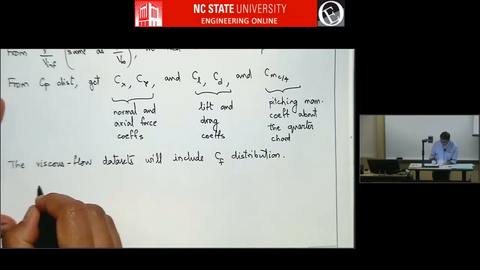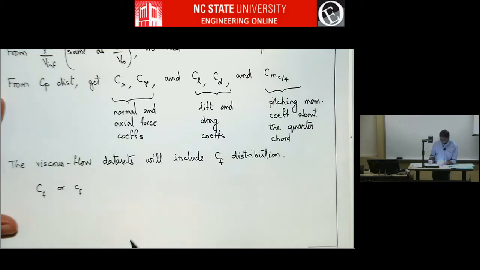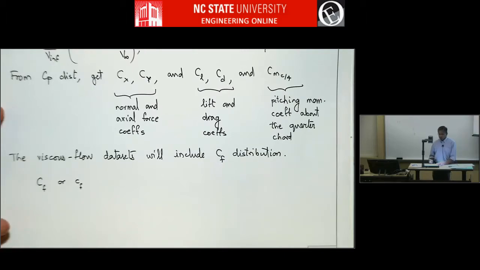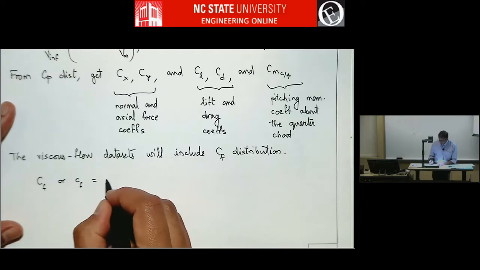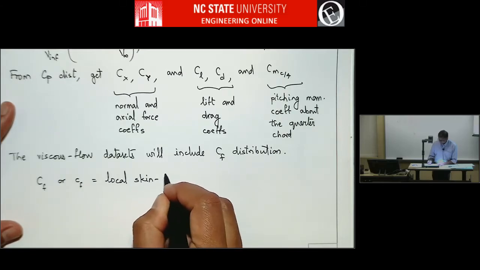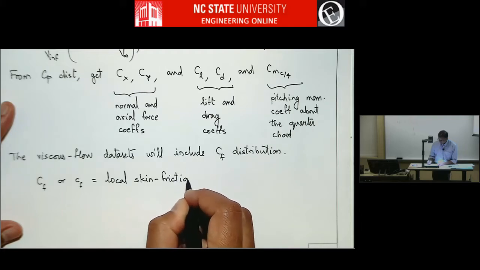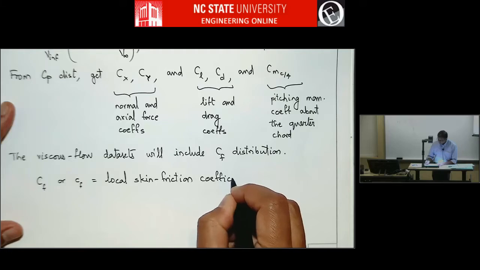So what is the CF? CF, in some books it's written as small c, small f. In some other books it's written as capital C, small f. This is the local skin friction distribution, or local skin friction coefficient.